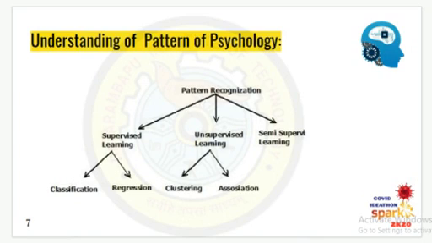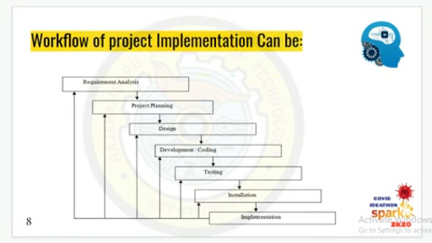Moving next, we can plan the workflow of project implementation. The given steps help to modify the proposed work better and better. First is requirement analysis, second is project planning, third is designing based on project planning, fourth is development and coding.